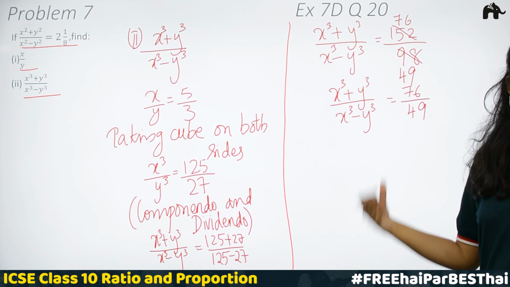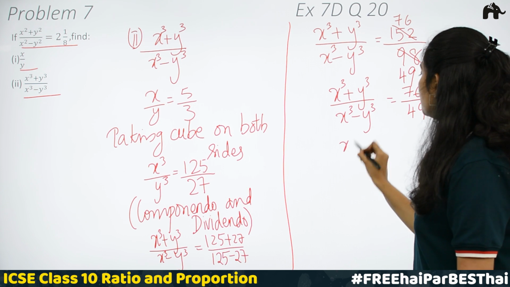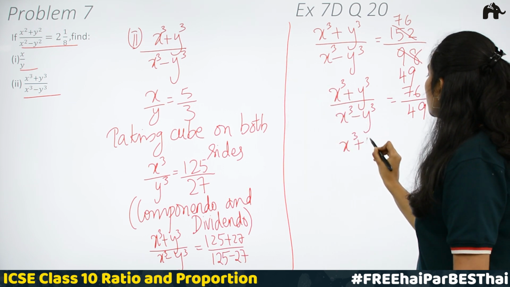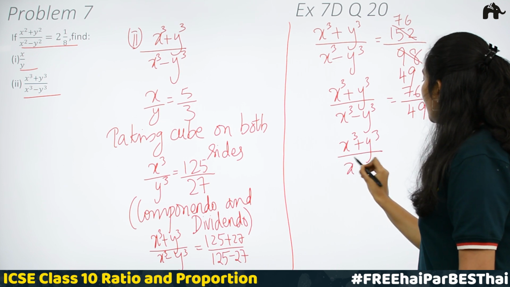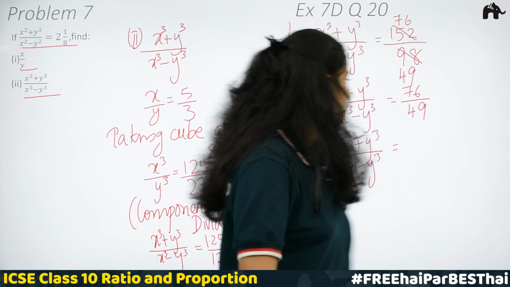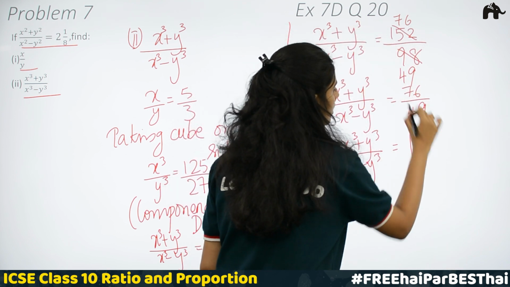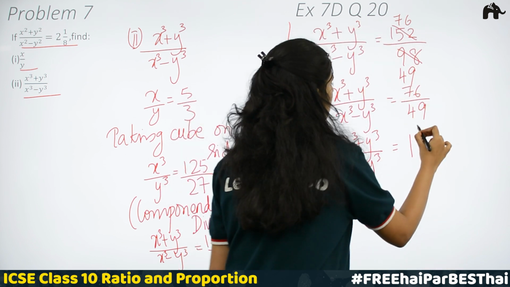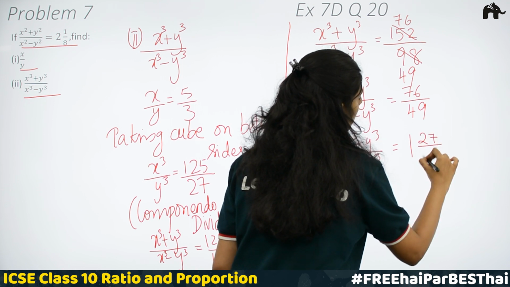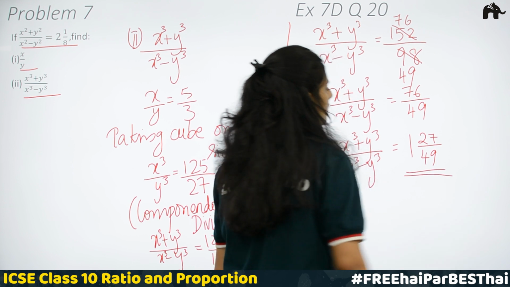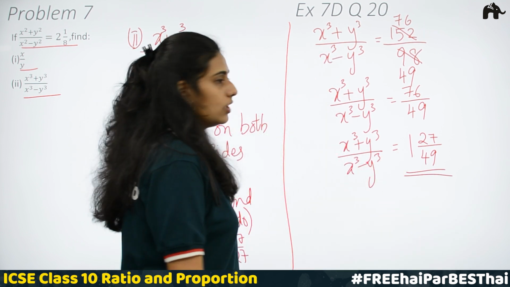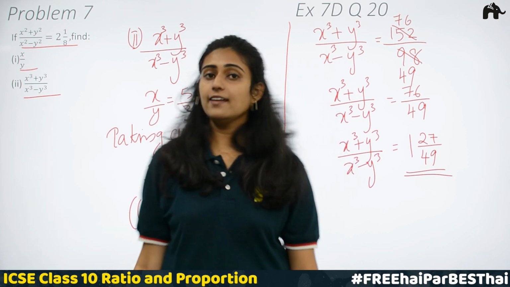Now we can convert it into the mixed fraction form, because in the question we started with the mixed fraction form. 49 goes one time. Remainder will be 27 divided by the denominator 49. 27 divided by 49 is the value. Okay, this is the answer to your second question.